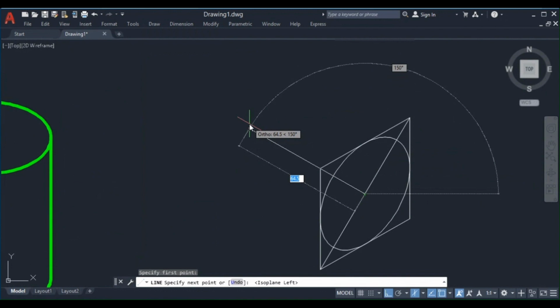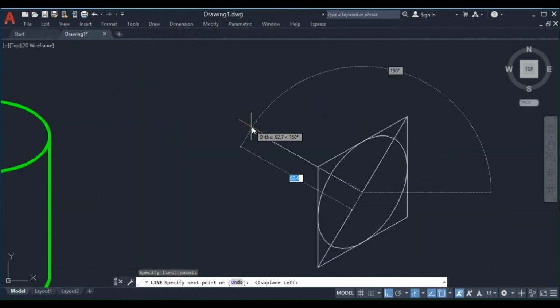So axis also should be drawn with iso angle. If we draw with left side, that is iso right side, it shows angle 150. Iso left, it shows angle 30 degrees. Okay. What is axis height? 70 mm.